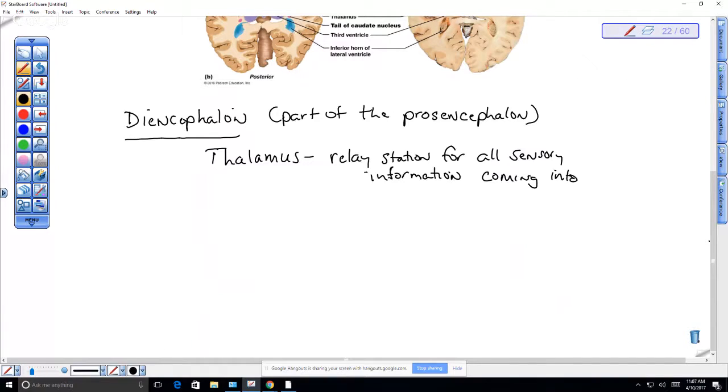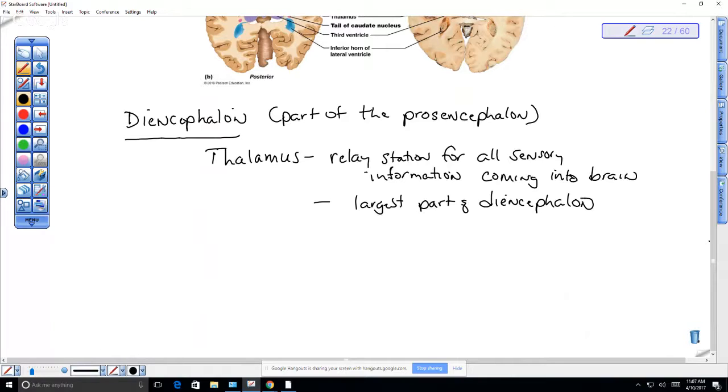Everything has to go through the thalamus. So this is the largest part of the diencephalon. Right, so the largest part. So that's the central area.